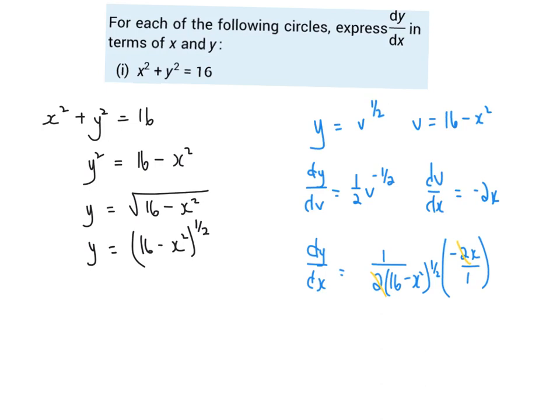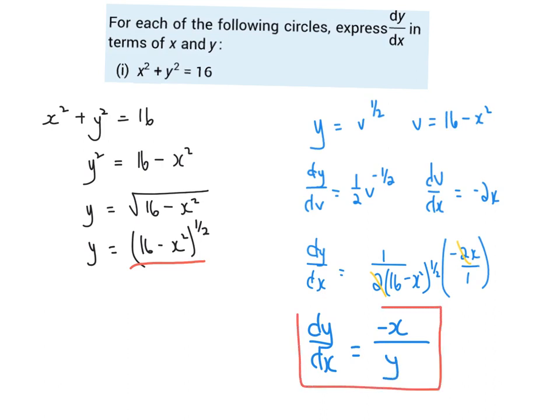And here I have dy/dx, and the thing with implicit differentiation is we want to have it expressed in terms of x and y at the end. At the moment I just have x's here, so 1 by minus x is minus x, and here 16 minus x squared to the power of a half. Well, what is that? That was this bit here, wasn't it? So 16 minus x squared to the power of a half is y. So that's our answer there.